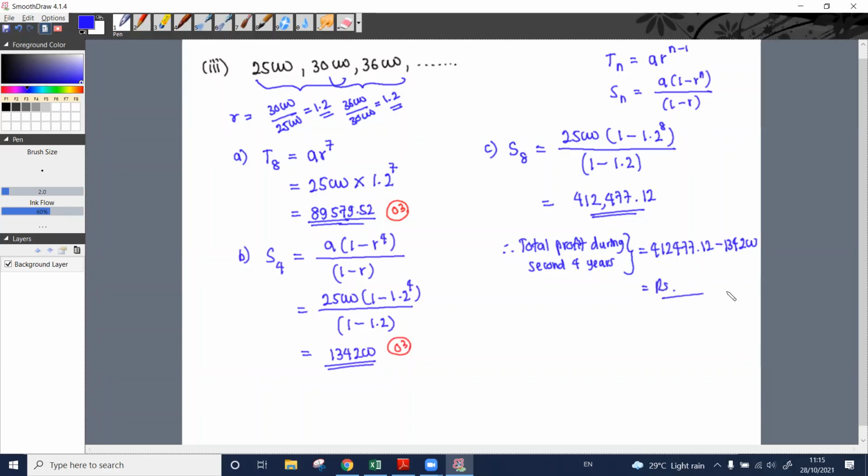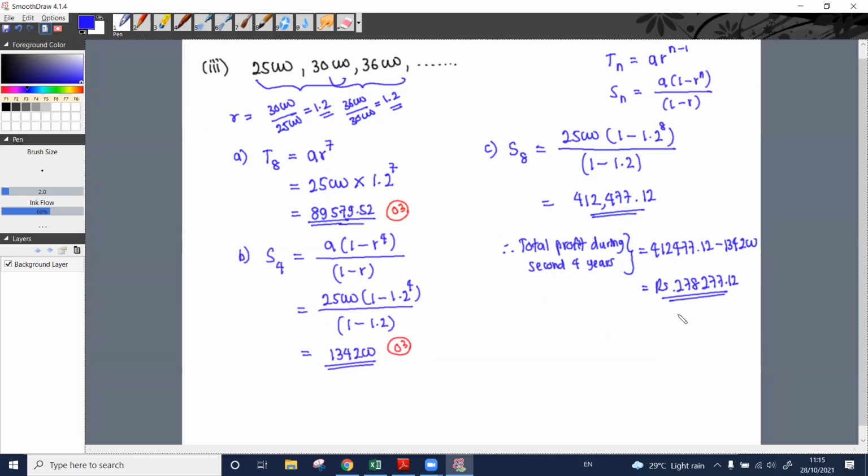How many rupees? From this we need to deduct. So the answer should be 278,277.12. Total profit during the second 4 years.